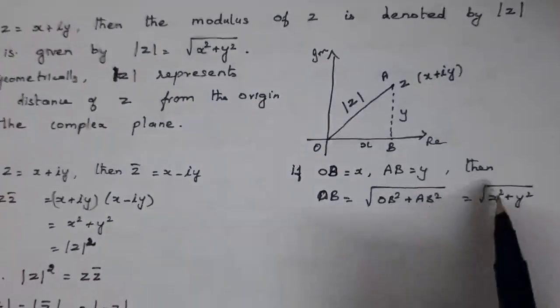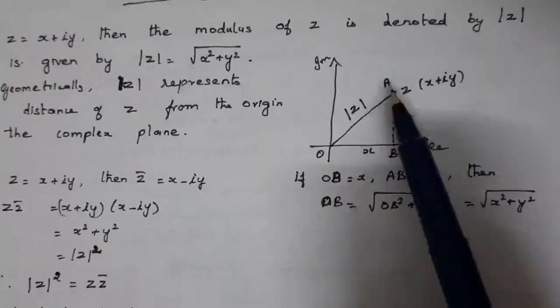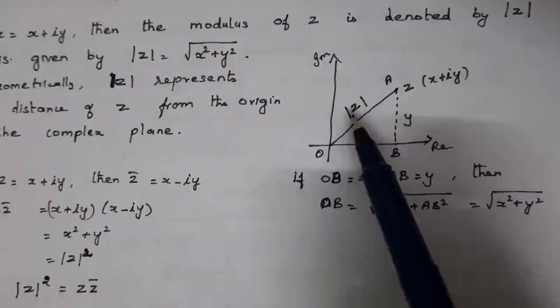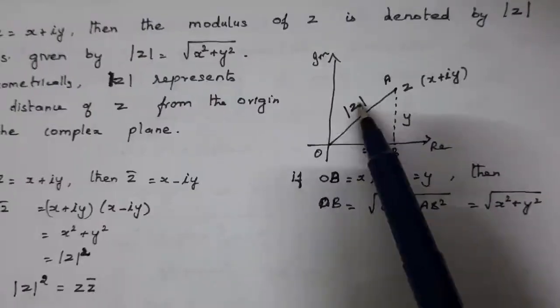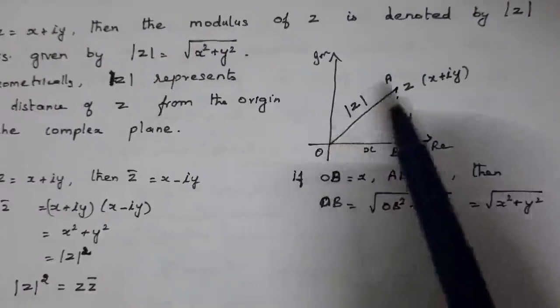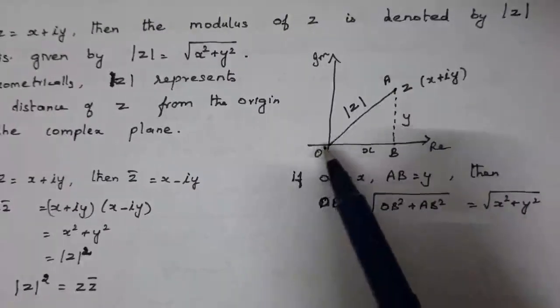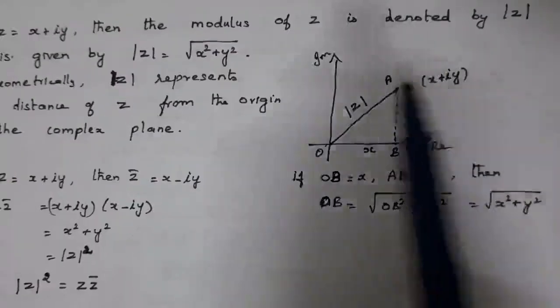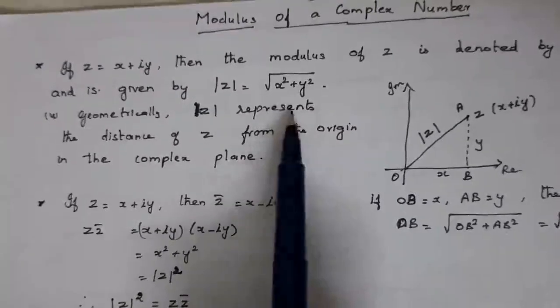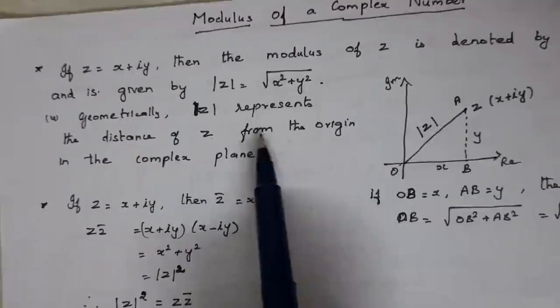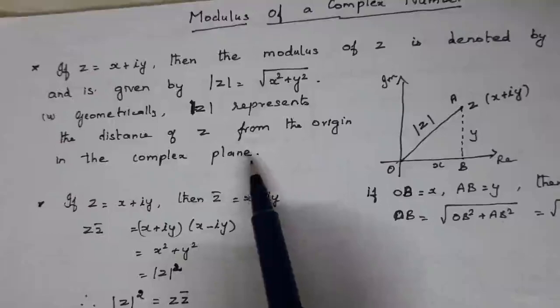This is what we have defined as modulus z. So OA represents the modulus of z. That is, geometrically, modulus z represents the distance of the point z from the origin in the complex plane.